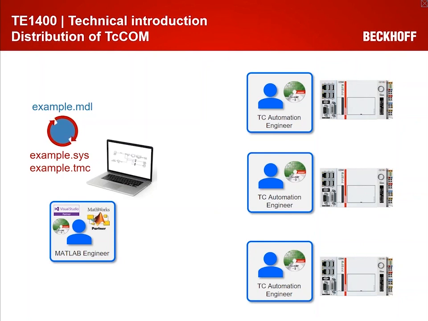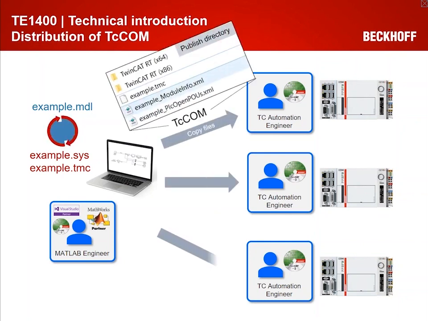And then you can copy those files, everything in the publish directory, to the automation guys. And they can then use, without having Simulink, without having a full Visual Studio, only by having TwinCAT, those files and those models in their TwinCAT solution.